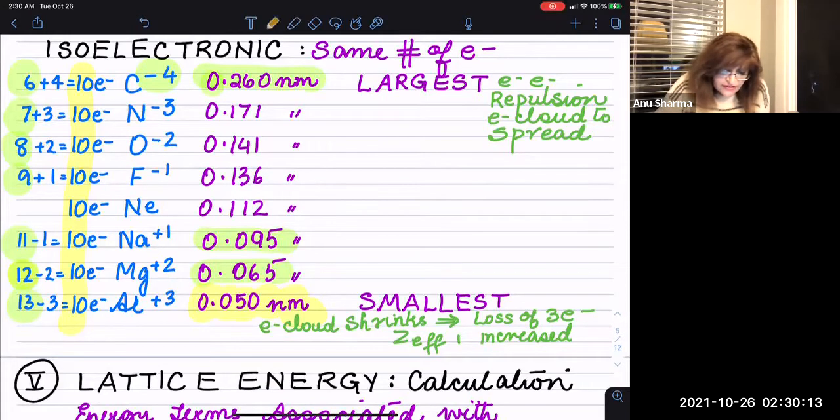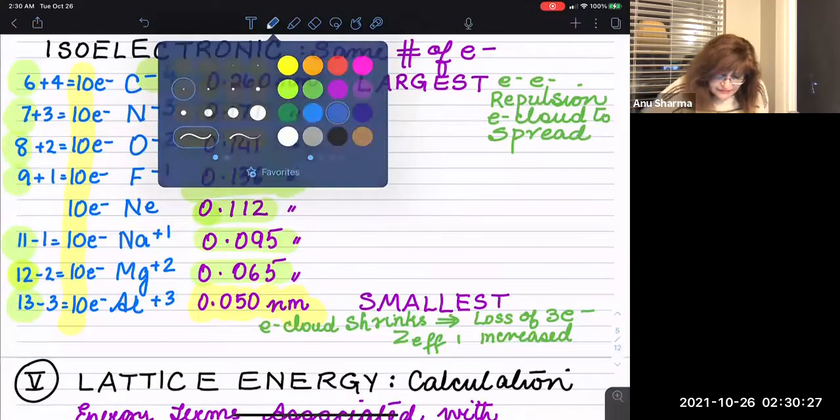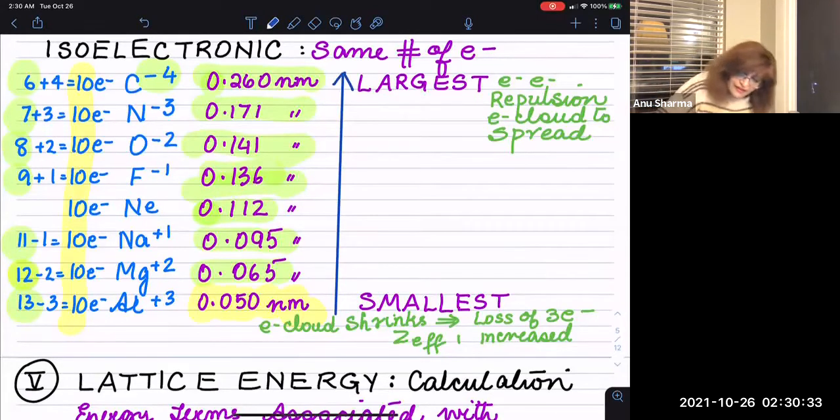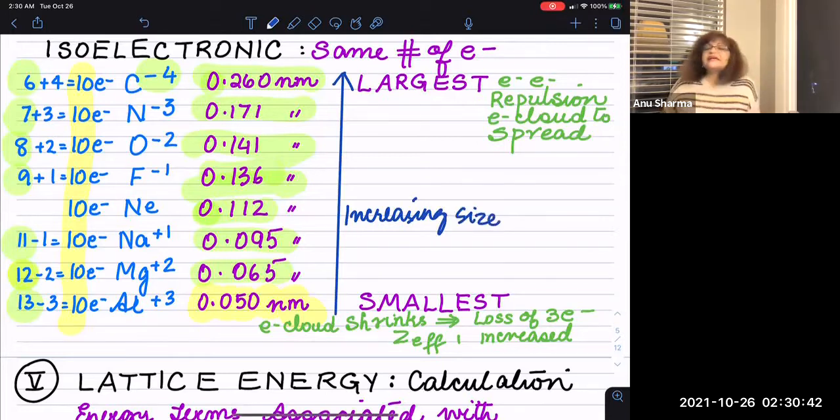As you see here, the size is continuously increasing as you go from aluminum to carbon. All of them are isoelectronic, they all have the same number of electrons, and the size is increasing. And by size, we mean the radius. Now, what happened?